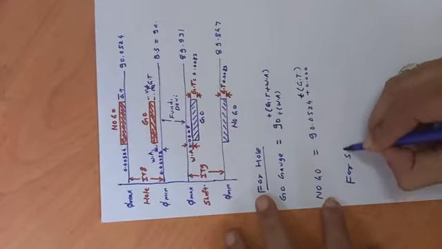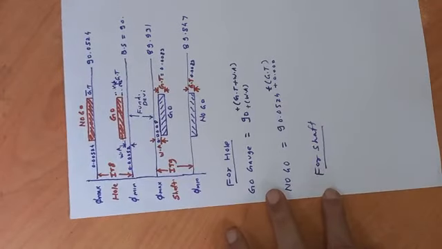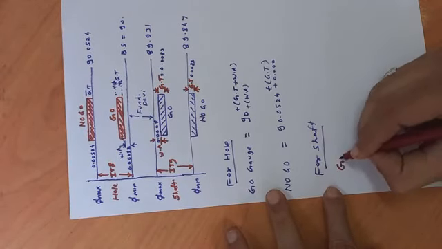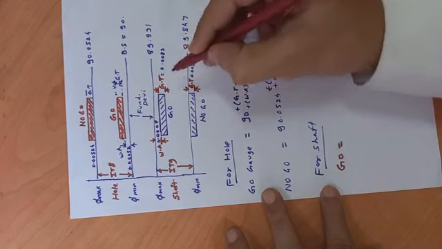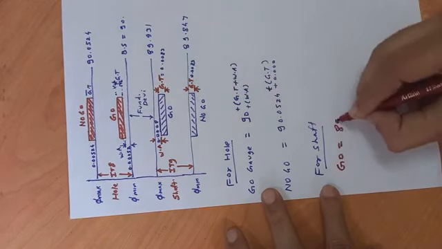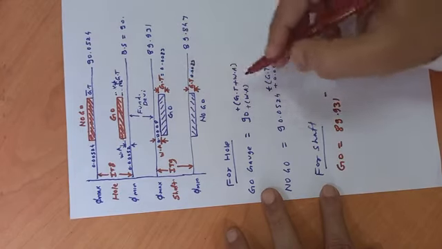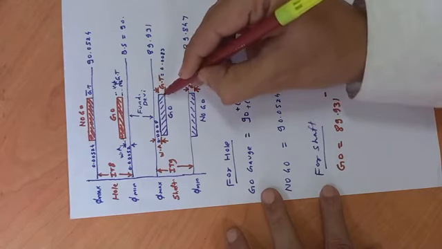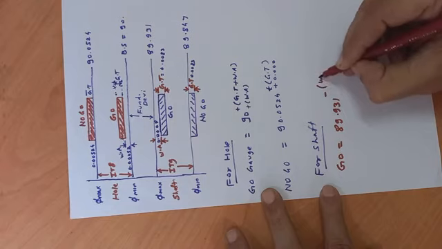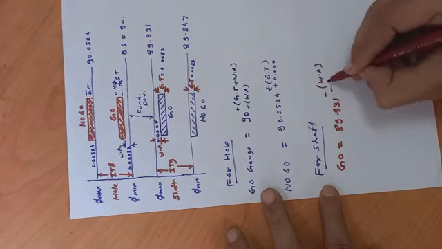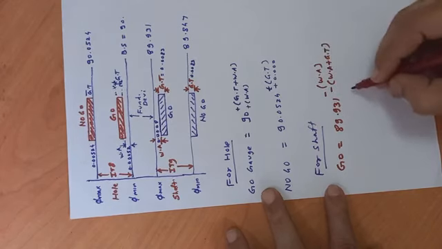Similarly for shaft, go gauge. So go gauge should be 89.931 minus, because it is below that, it should be up to this or up to this. So minus wear allowance, minus wear allowance plus gauge tolerance. Okay, both values we have to reduce.